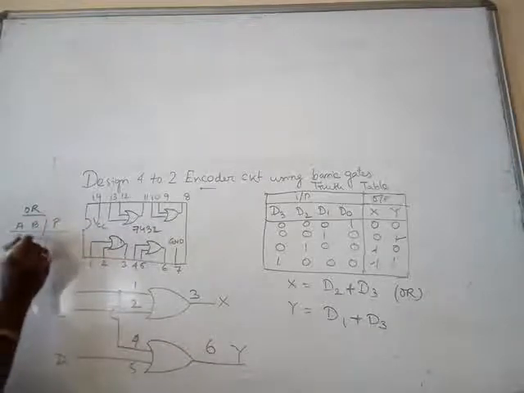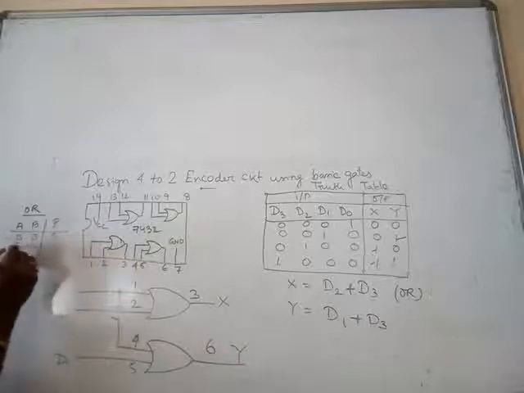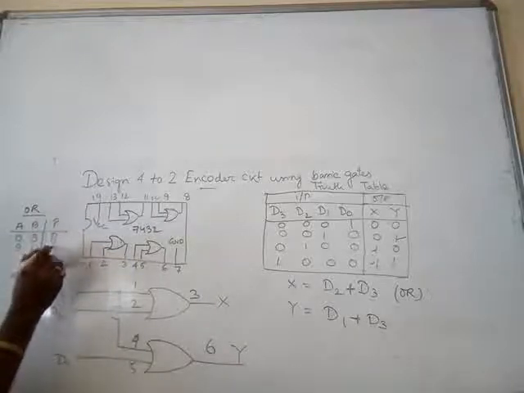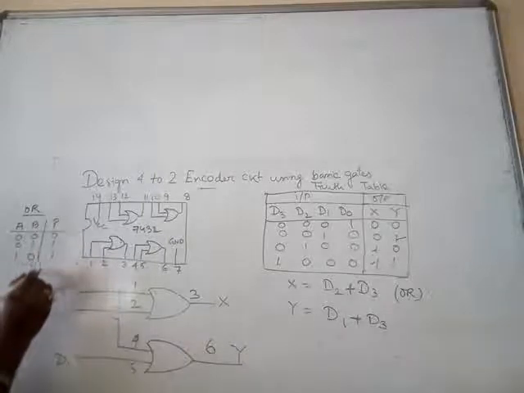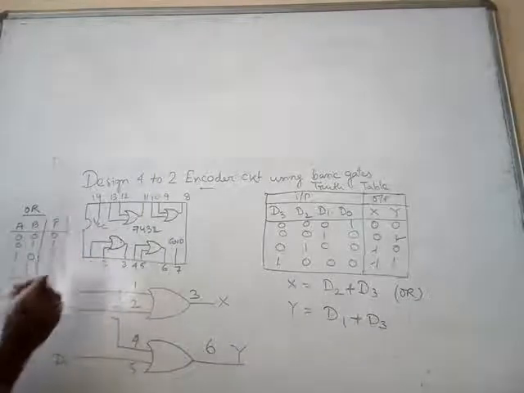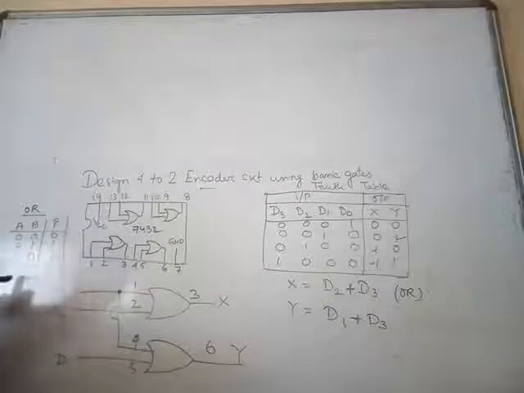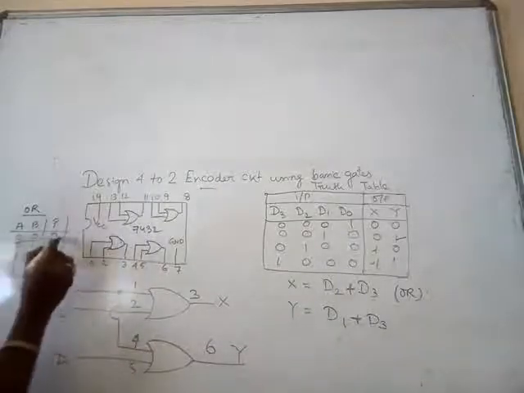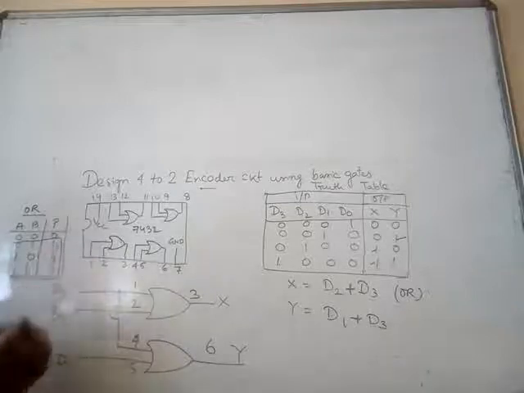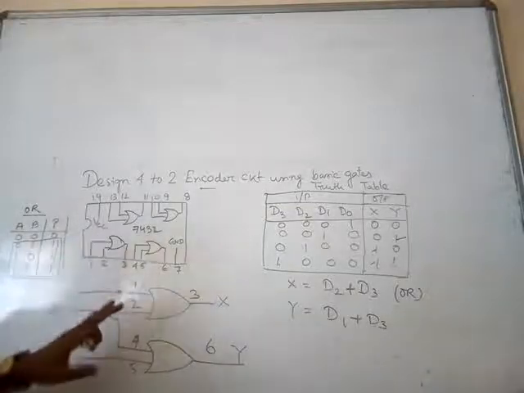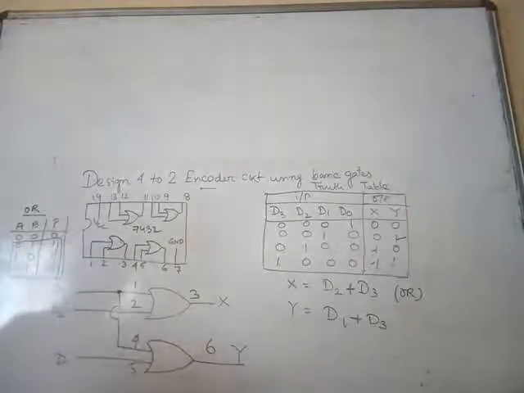For 0, 0 it is 0, for 0, 1 it is 1, for 1, 0 it is 1, and for 1, 1 it is also 1. If any input is high, then output will be high. So we check the two gates, then we design the circuit.